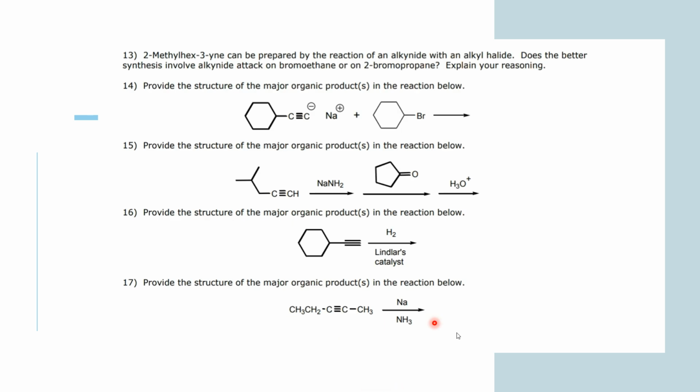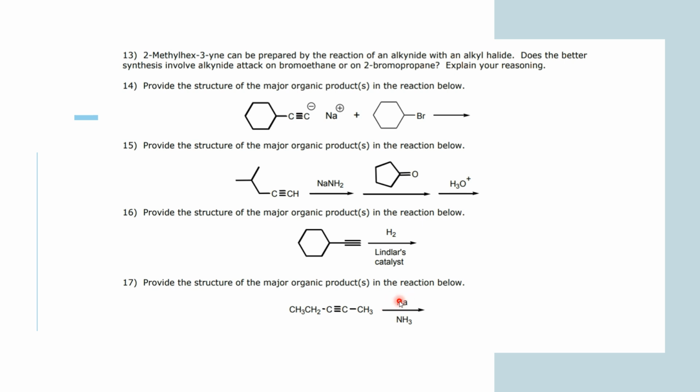Since this is an internal alkyne, like we saw in the other cases, we will not get an sp hybrid orbital carbanion in the case of internal alkynes. So how will this reaction mechanism follow?